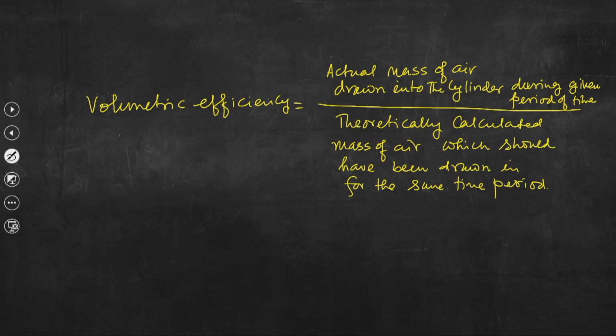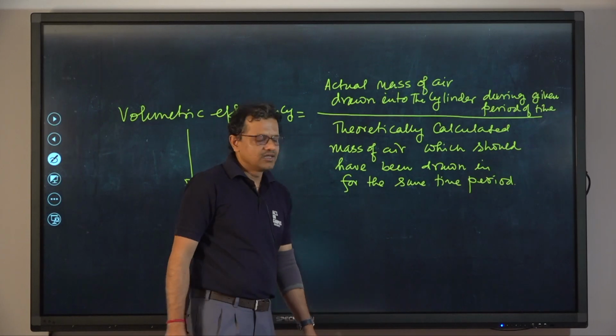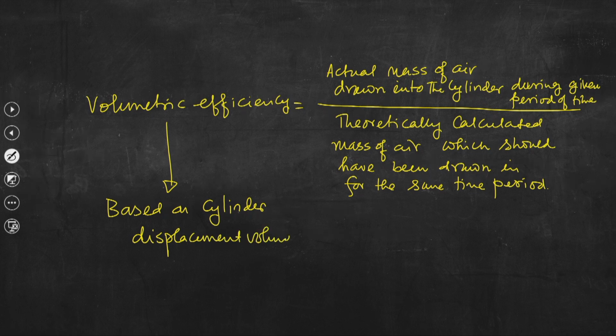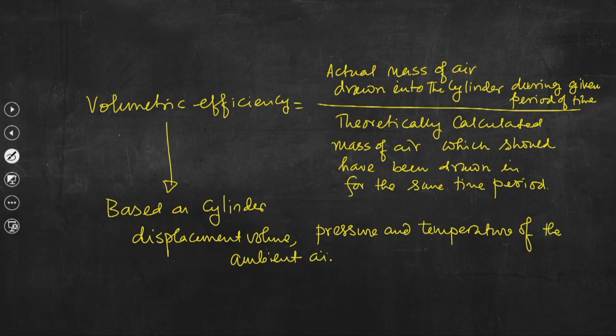Now, this efficiency, as you have studied before, is based on the cylinder displacement volume, pressure and temperature of the ambient air. So, this is what is important to know.